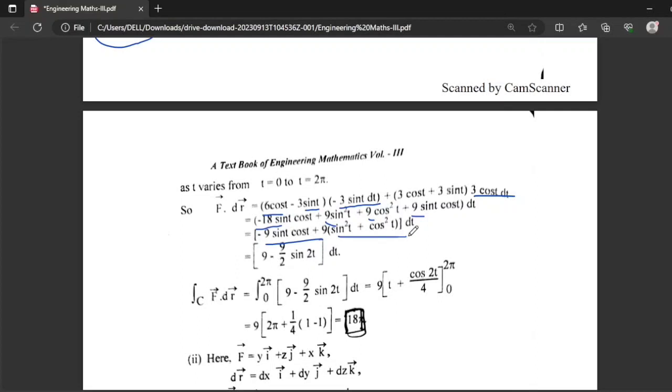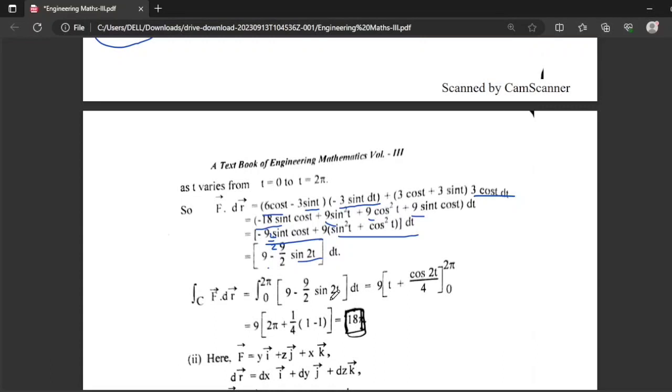Sin square t plus cos square t is 1, so remaining is 9 minus 9 sin t cos t; multiplying by 2 in both numerator and denominator, 2 sin t cos t is sin 2t, and 9 by 2 stays as it is.